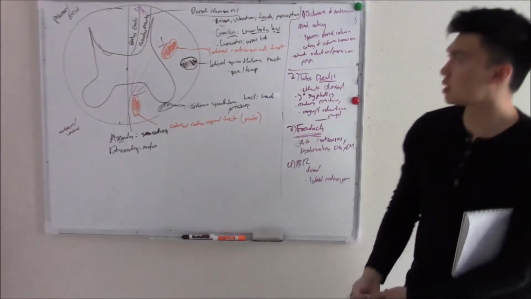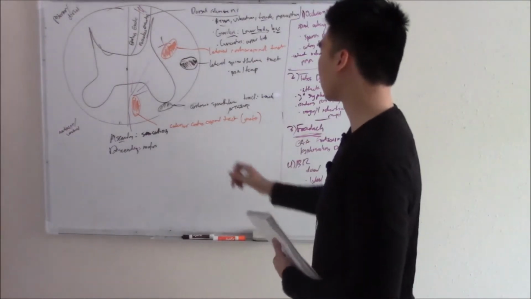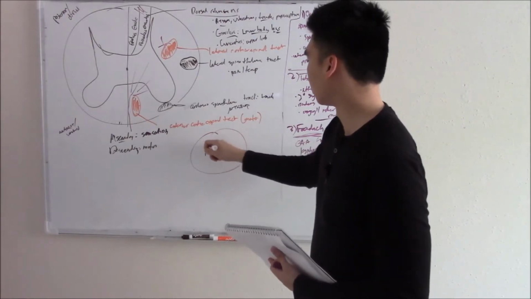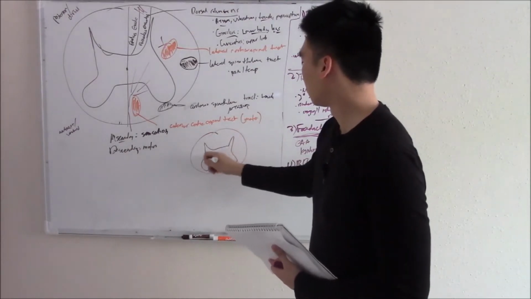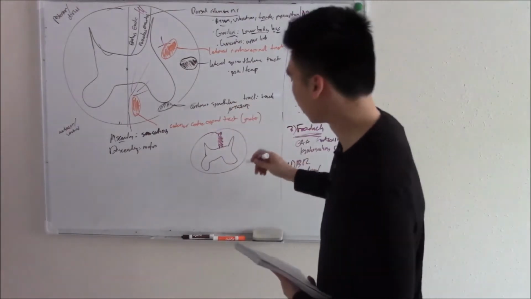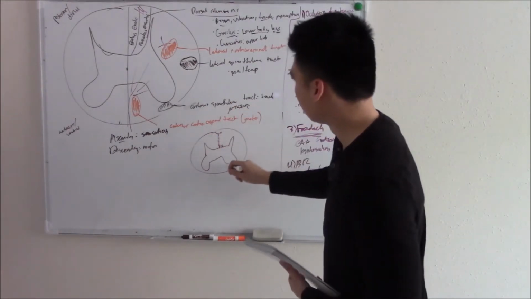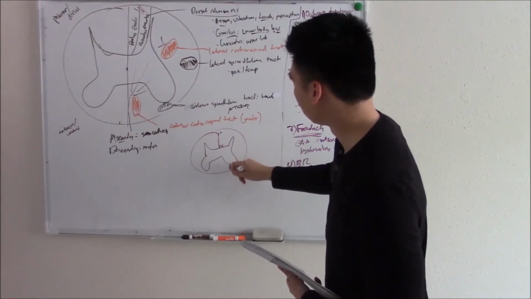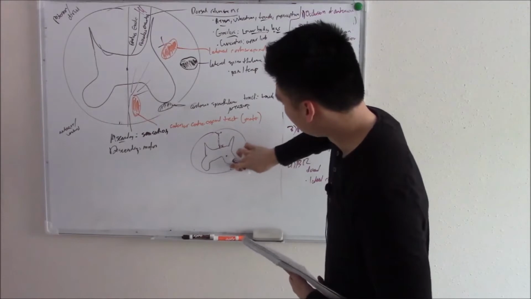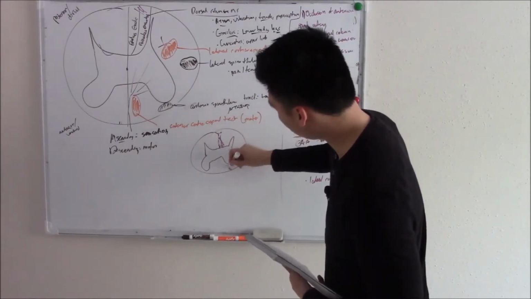A lot of questions I've seen on B12 deficiency, they'll show pictures of the spine and the different tracts. Let me draw out the spine again. Some pictures will show the dorsal tract affected. Some pictures will show only the anterior corticospinal tracts affected. Some pictures will show dorsal and anterior affected.